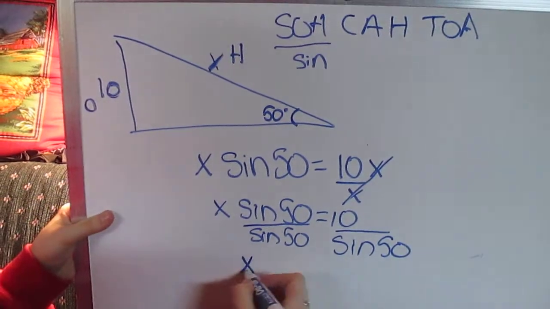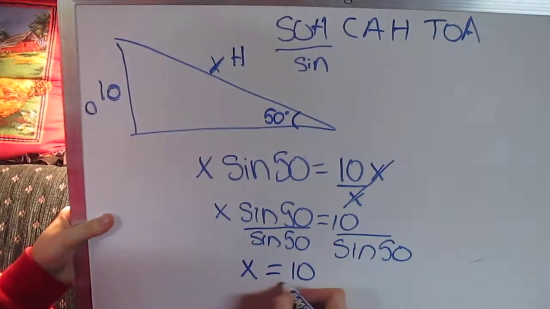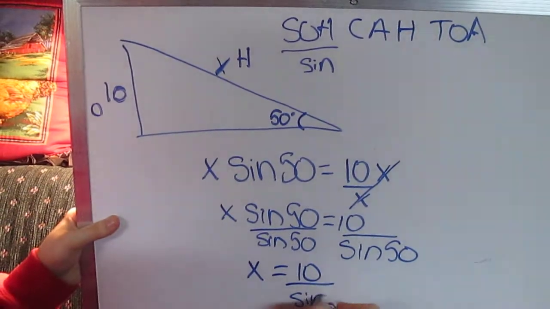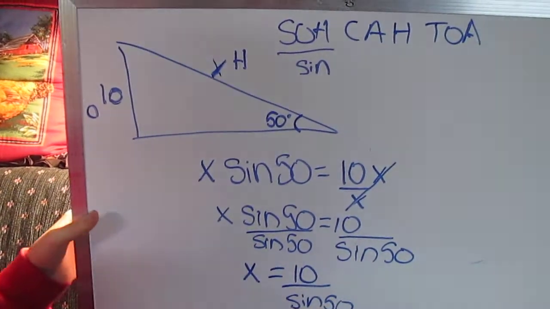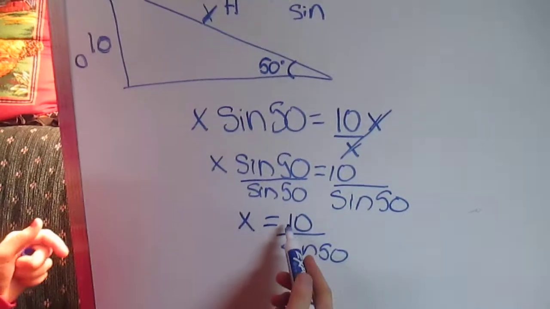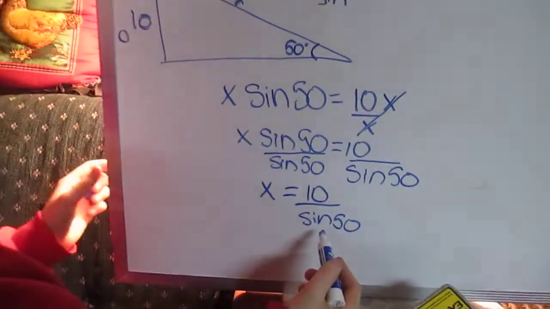Now your equation will look like this. Now that you have arranged it, you can type it into the calculator as 10 divided by sin 50.